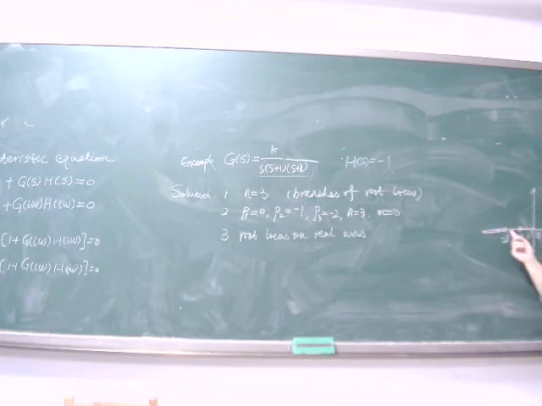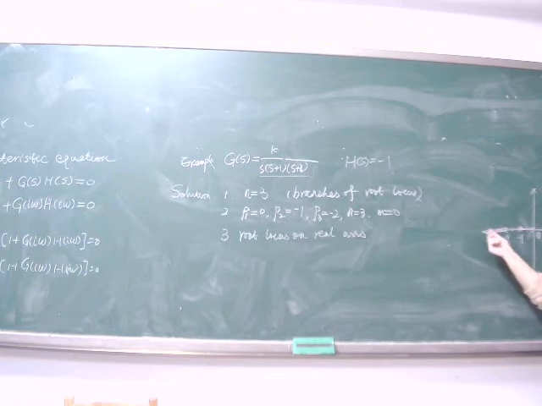For any point on this next part, on its right there are two poles, so it's an even number, so this part is not root locus.